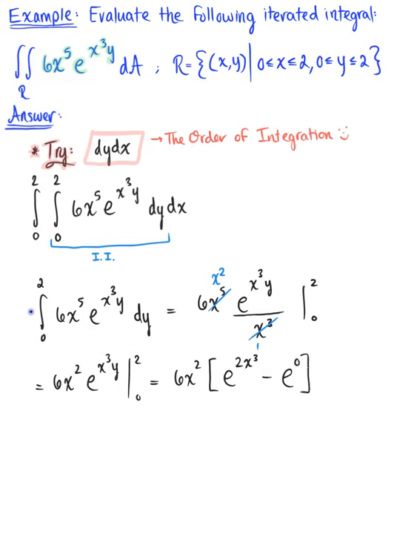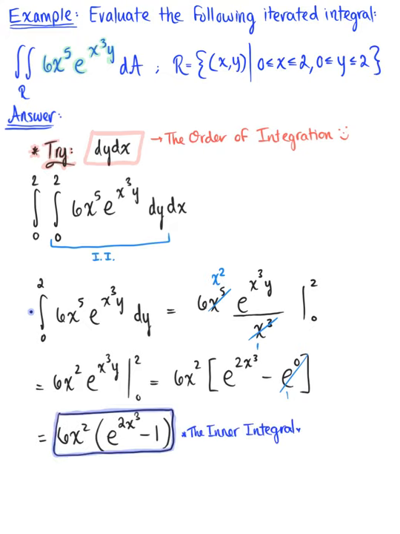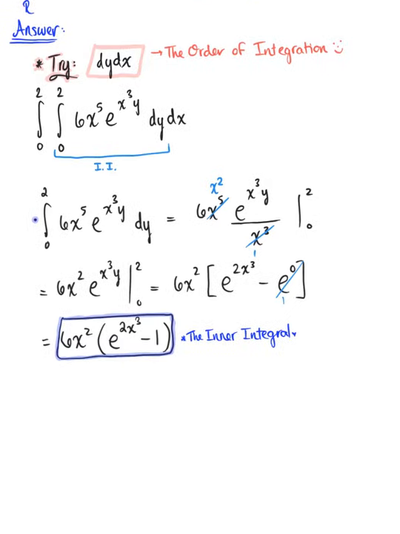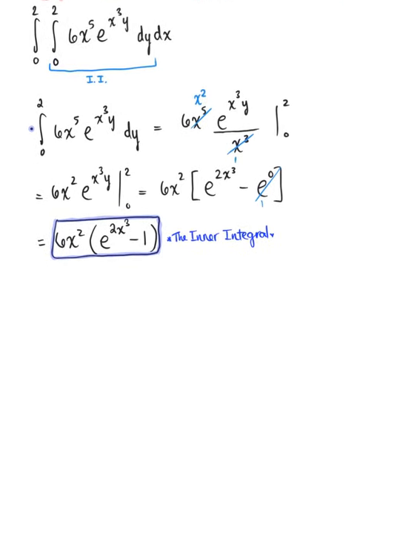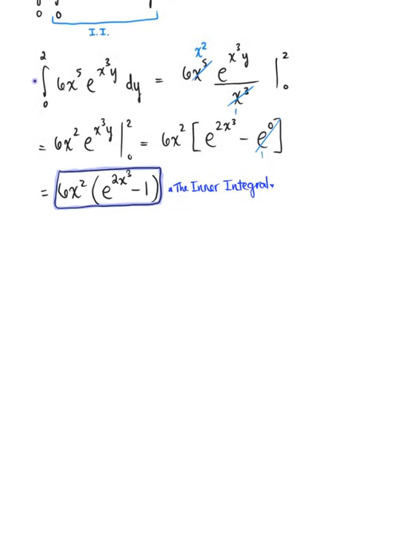Anything raised to the 0 goes to 1, leaving us with 6x squared multiplied by the natural exponential raised to the 2x cubed minus 1. Looking at what we're left with from our inner integral, we've set ourselves up for a much nicer u substitution.